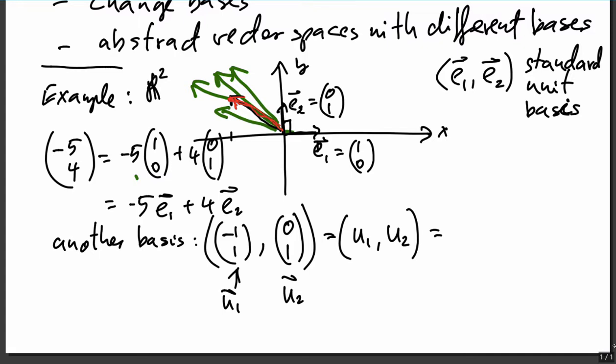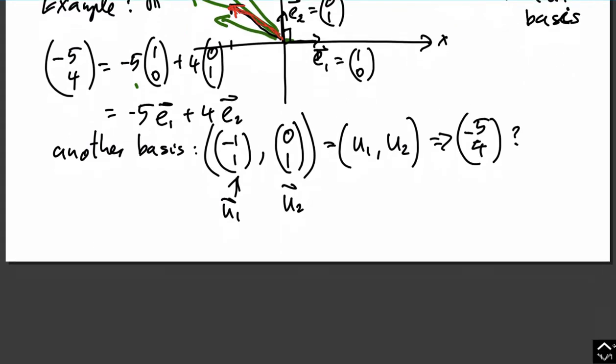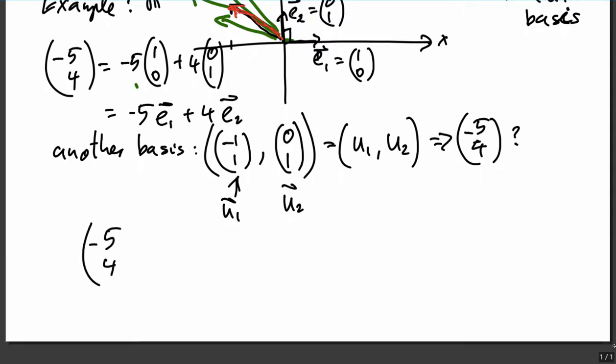Then these are more in the direction of the -5, 4 vector, and how can we write this in terms of the -1, 1 and 0, 1 vectors? So then the question is -5, 4 equals some C1 times -1, 1, so it's a linear combination of the two vectors, plus C2 times 0, 1.